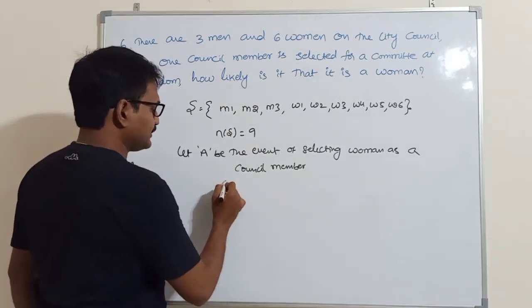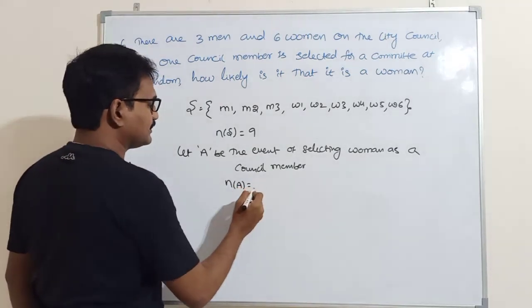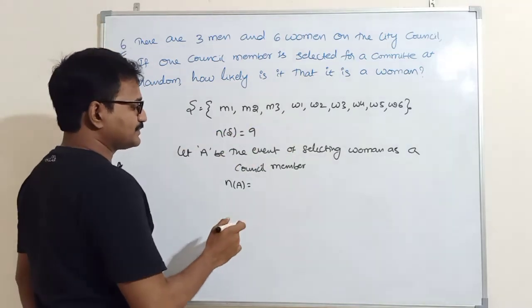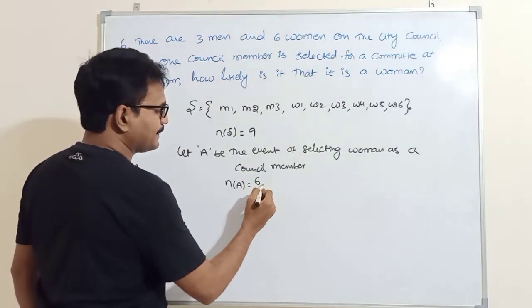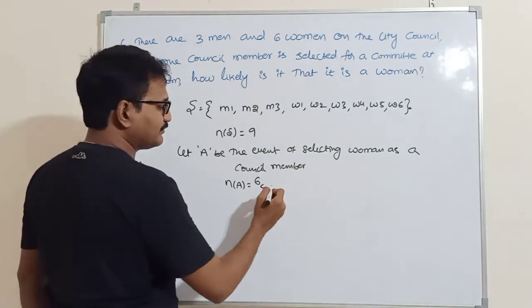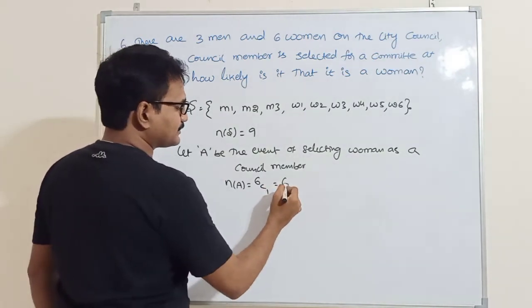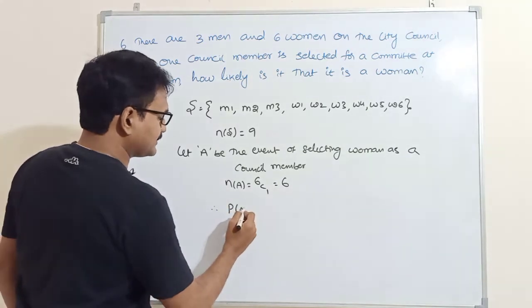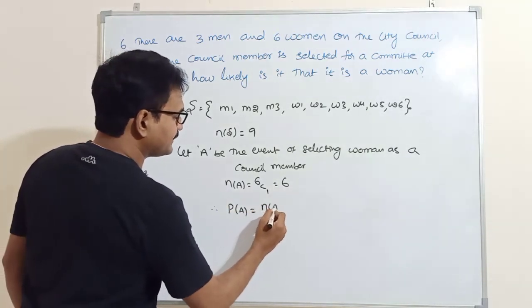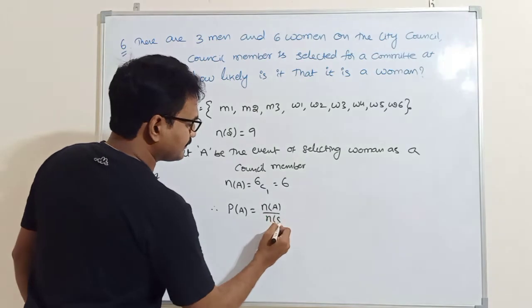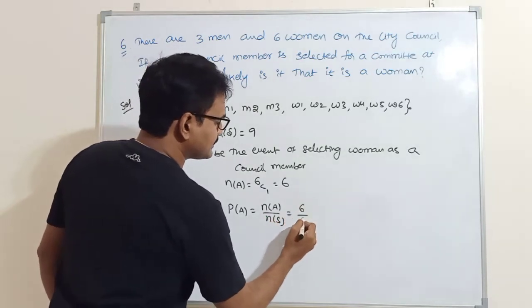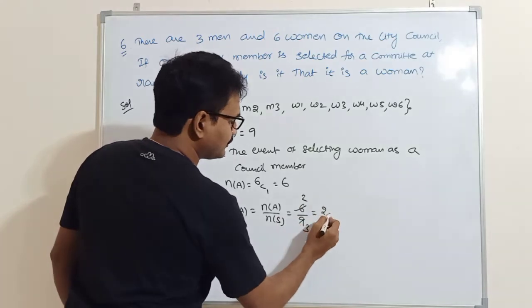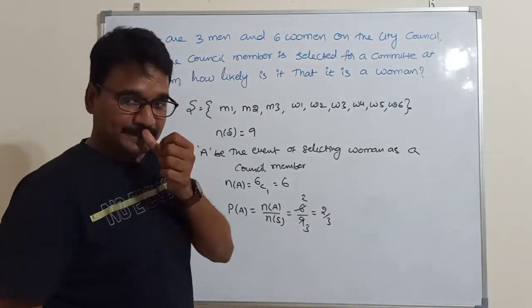Then n of A: out of the members, how many women are there? 6 women are there. So out of 6, you are selecting only one woman as a council member, therefore it is 6. Therefore P of A is equal to n of A by n of S, which is 6 by 9. That means 3 2s are 6, 3 3s are 9, so 2 by 3 is the answer.